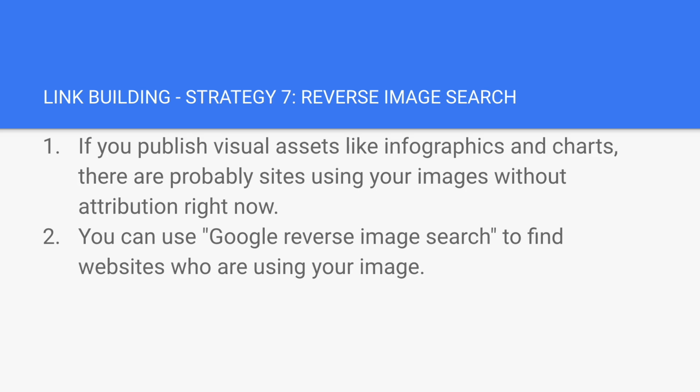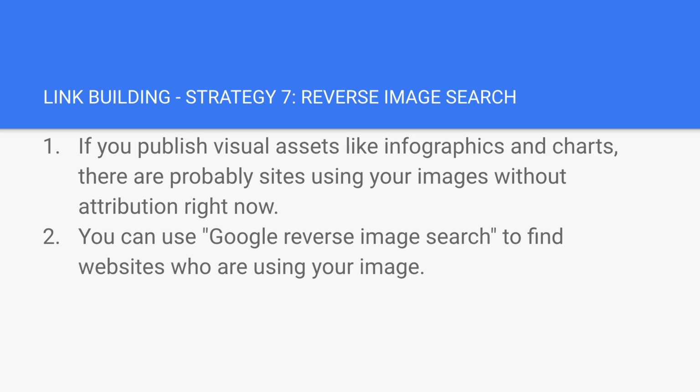If in the future we are the ones creating our own images, meaning taking our own pictures or creating a very nice chart, and then other websites use that image for their articles, we can use this reverse image search strategy, because those images that we produce are ours and other sites are using them.